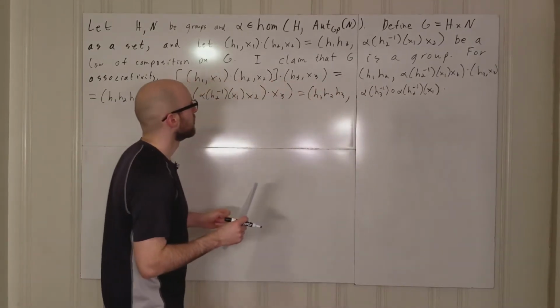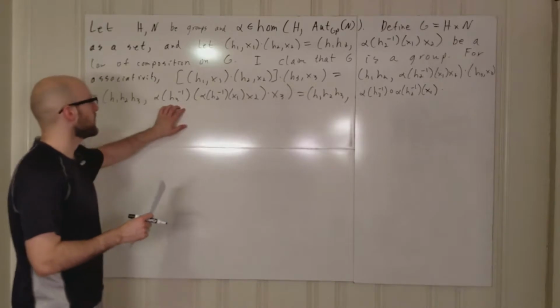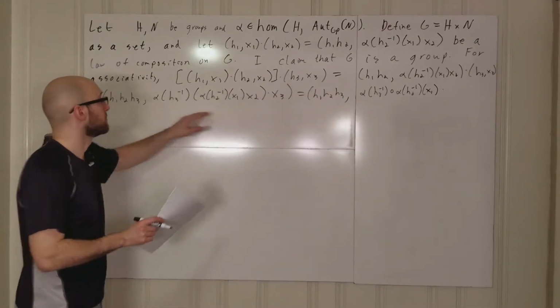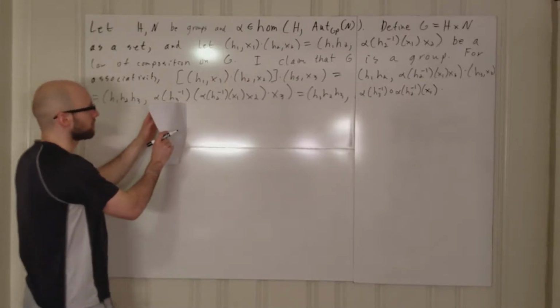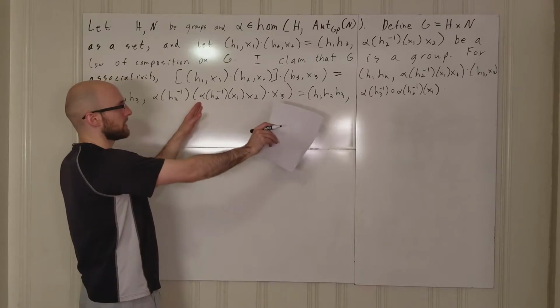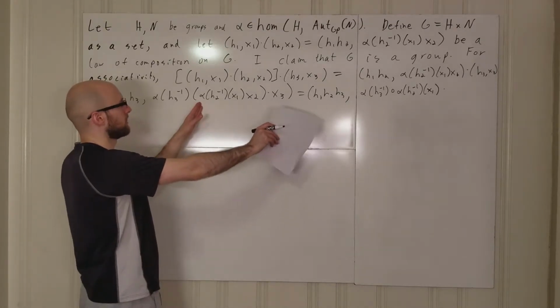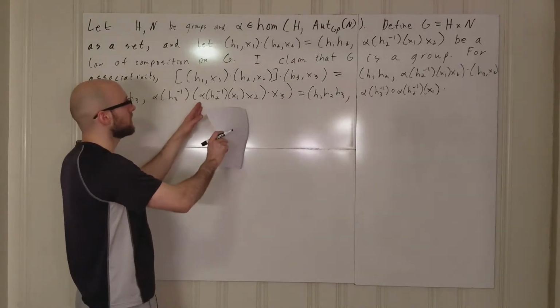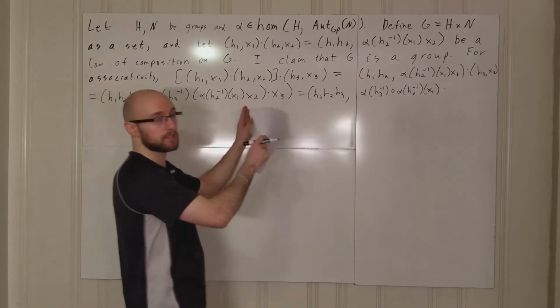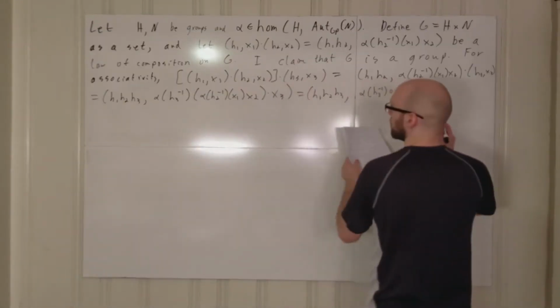So we're applying alpha h3 inverse to this whole thing, but this is a group homomorphism. So first we can apply alpha h3 inverse to this part, which I will write as alpha h3 inverse composed with alpha h2 inverse of x1, and then we multiply it by alpha h3 inverse of this, because this is a homomorphism. We can break it up like that.